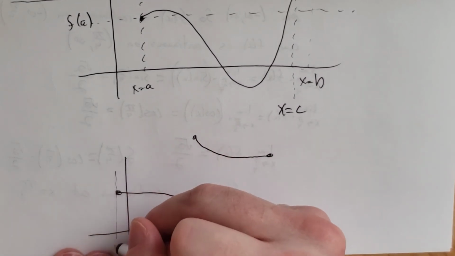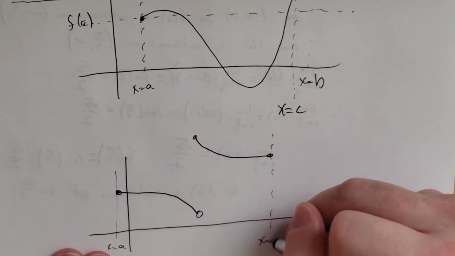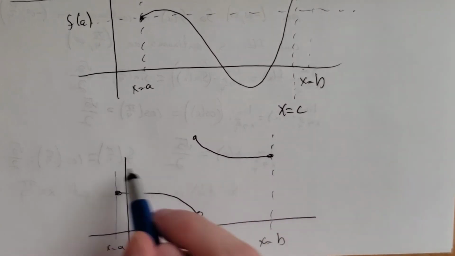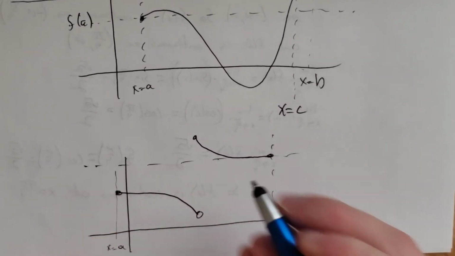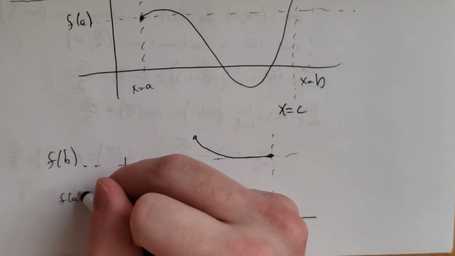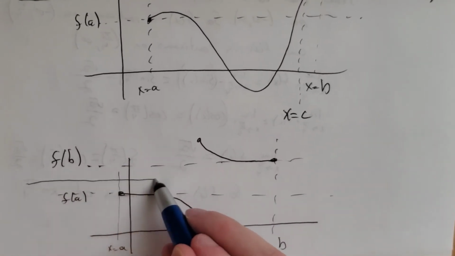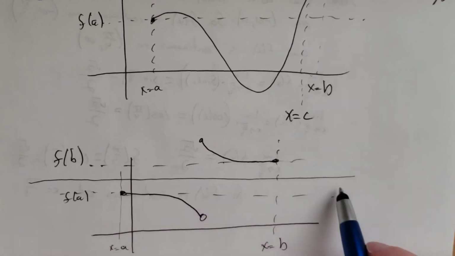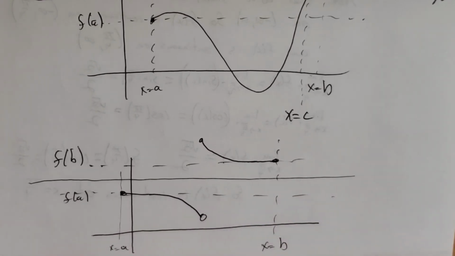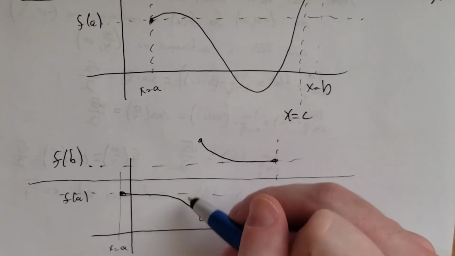Here is x equals a, here is x equals b, and we have f of b here and f of a here. Well, what if we draw a line here? Does our function meet this line at any point? No, it does not. And why did that end up failing?